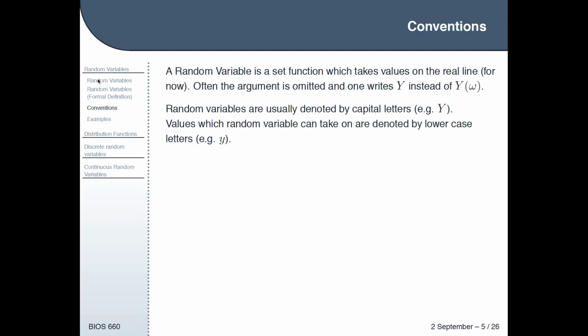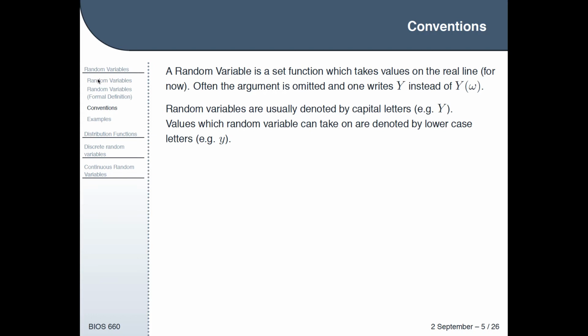You usually just write Y to denote a random variable rather than Y of omega. The convention is random variables are usually denoted by capital letters, and the different values that a random variable can take on are denoted by lowercase letters.